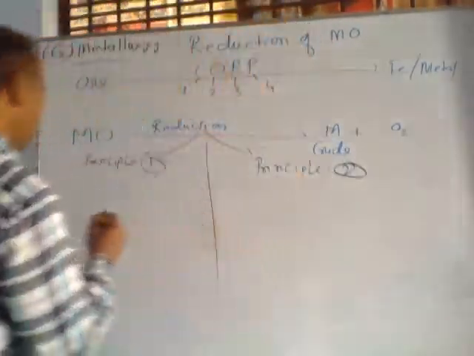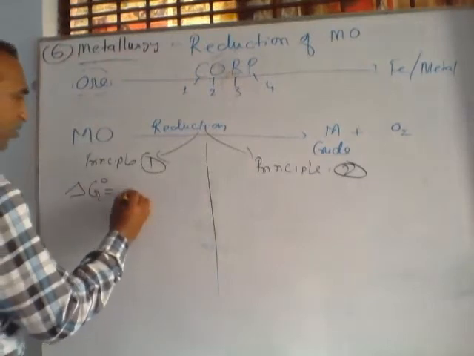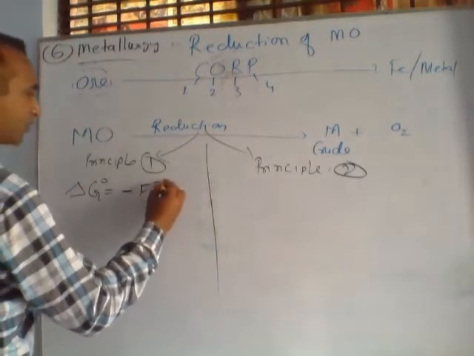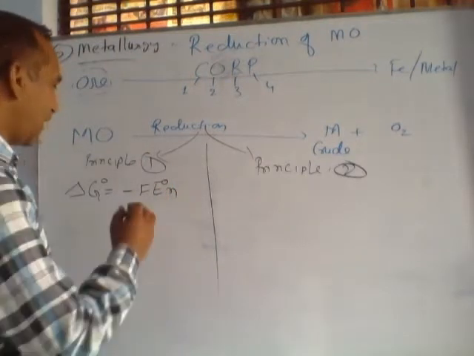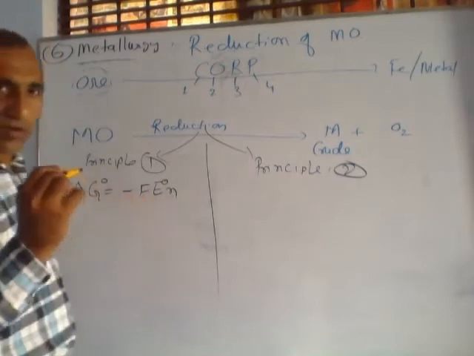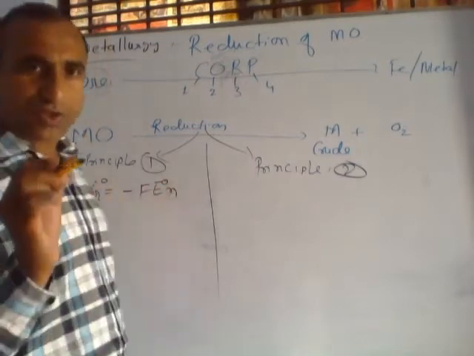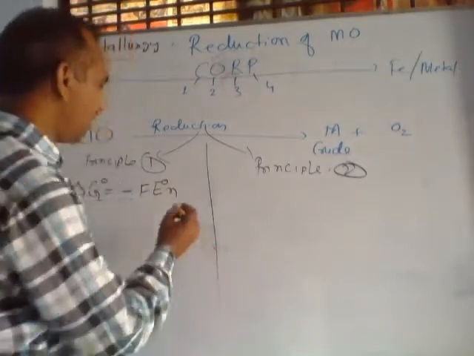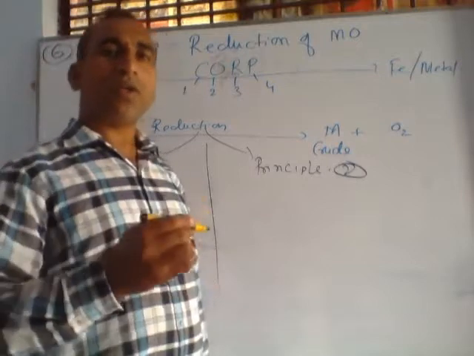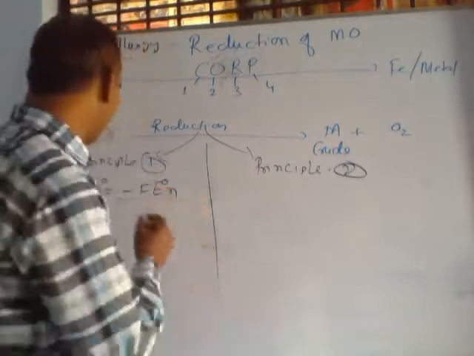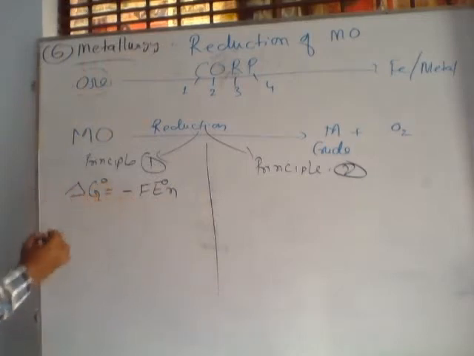The first principle is based on this formula, del G naught equals negative nFE naught. Here F is the Faraday constant, E naught is standard electrode potential, and n is the number of electrons used in the oxidation or reduction process, and del G naught is standard Gibbs energy change.